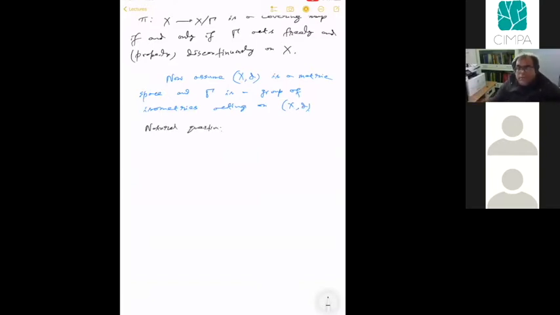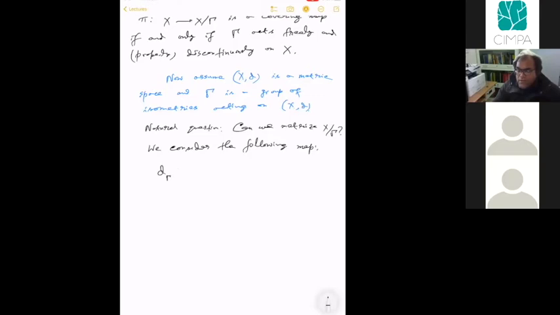Under what we have seen for topological spaces, can we metrize X mod gamma? So we consider the following map.